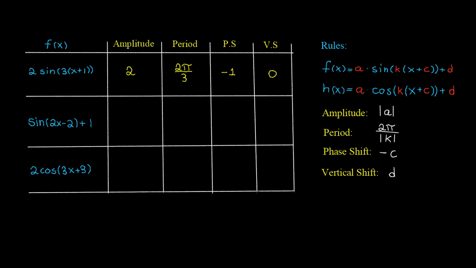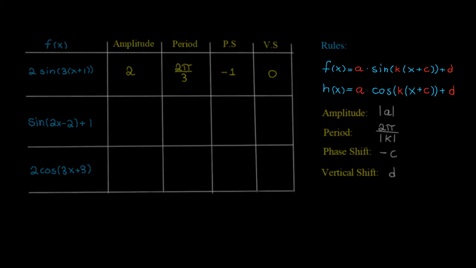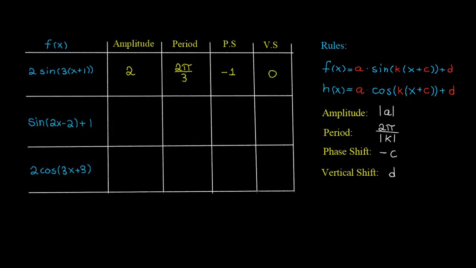The next function is a bit trickier, because we know how to handle trigonometric functions that are written in this form here. But this function here is not exactly the same, as you can see. We are missing the k value, but we can fix that. Let's try to rewrite our function so that it matches our formula. Let's see, sine of 2x minus 2 can be rewritten as sine of 2 times (x minus 1).